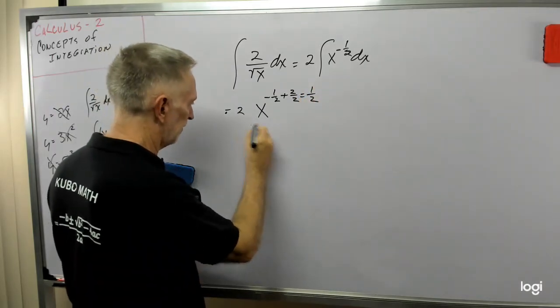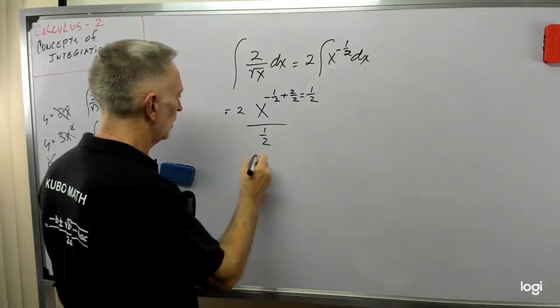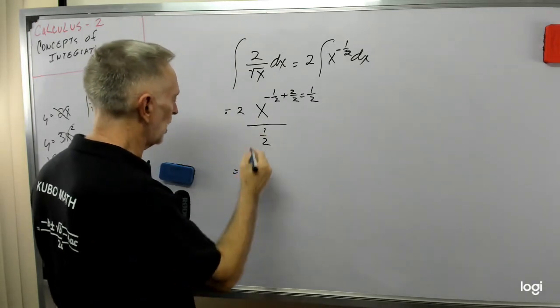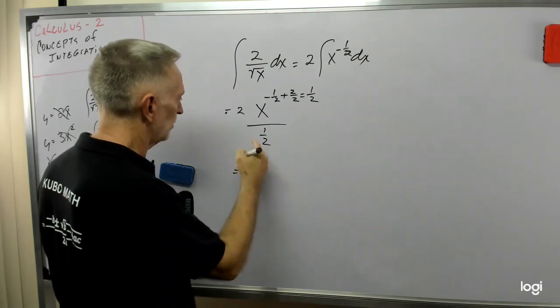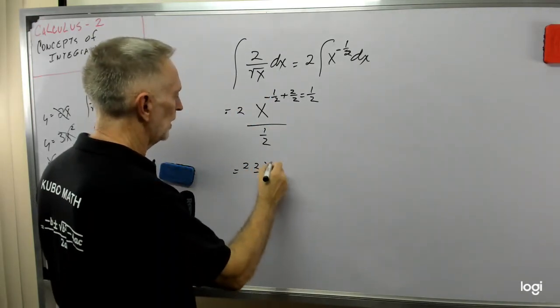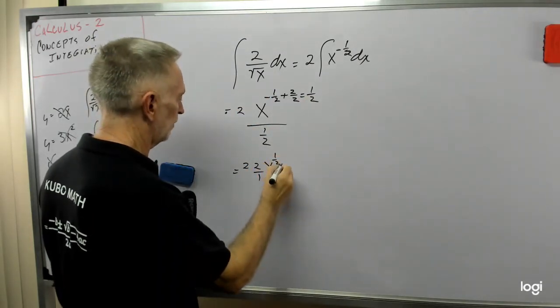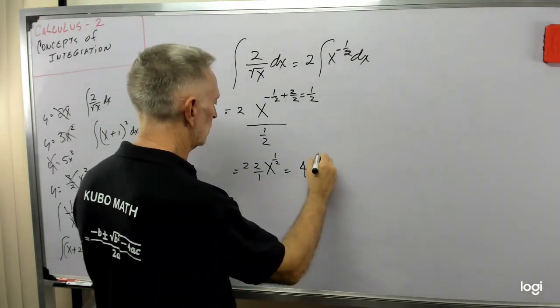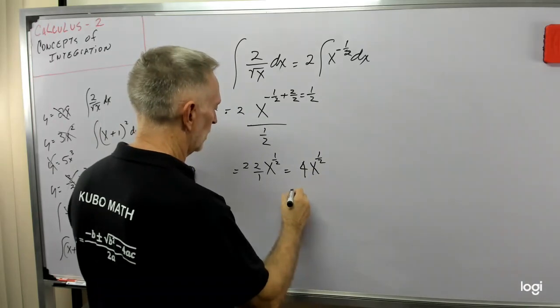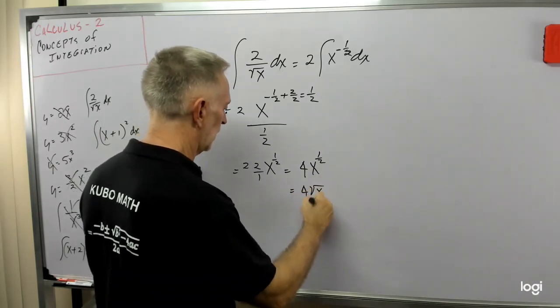So I'm going to divide by 1/2, which is the same as multiplying by 2. So this is 2 times 2 over 1. So I'm flipping that up. x to the 1/2. So that equals 4x to the 1/2. What was it? 4 square root of x.